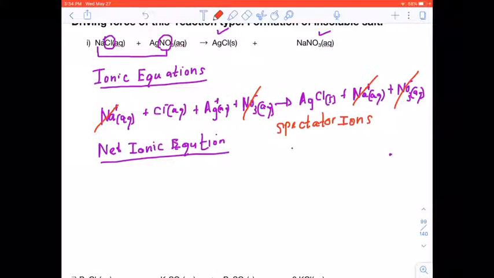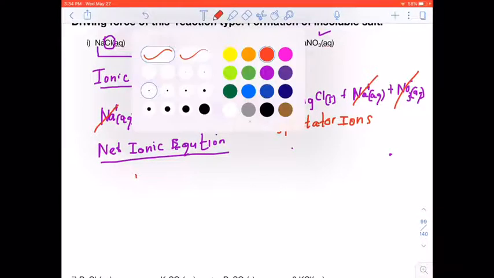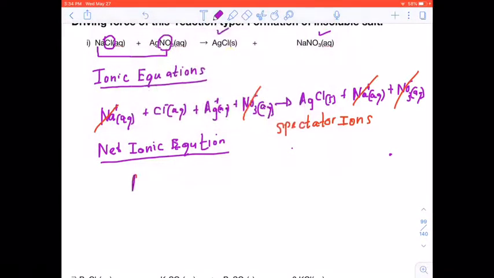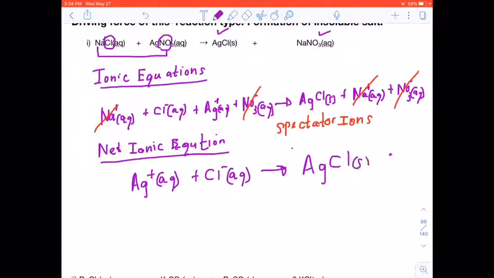So what are we left with? We have Ag plus aqueous plus Cl minus aqueous. That's in solution, these ions. And when they are in solution, they form AgCl solid.